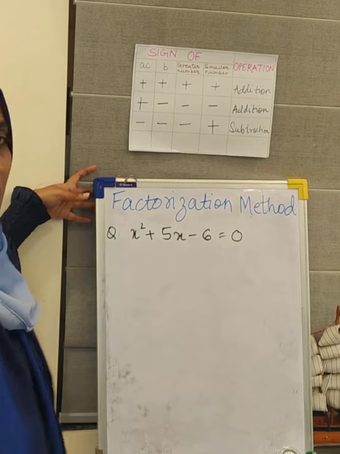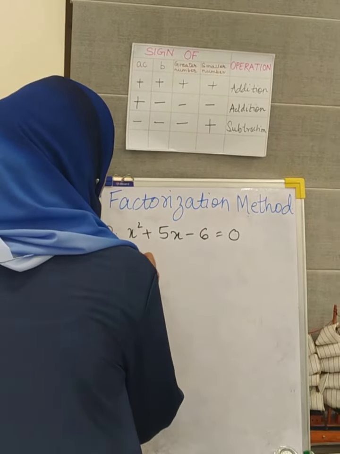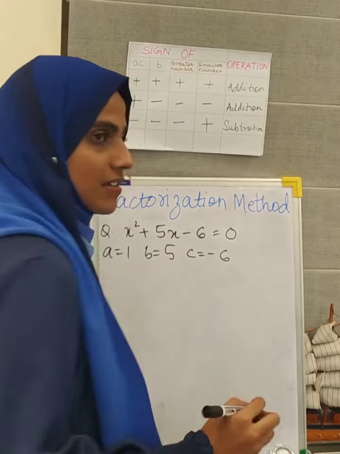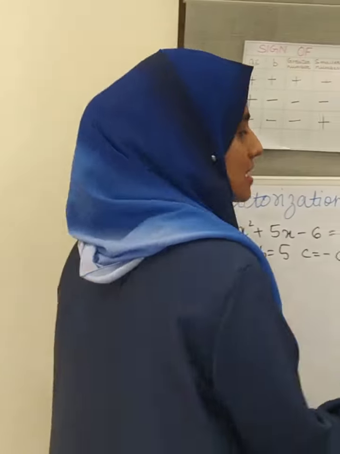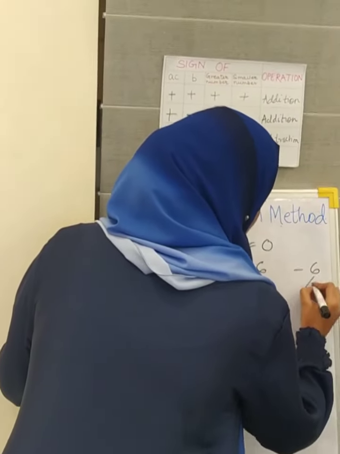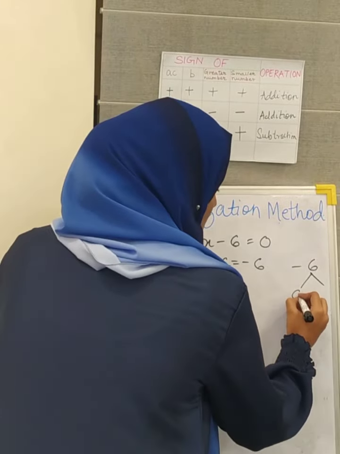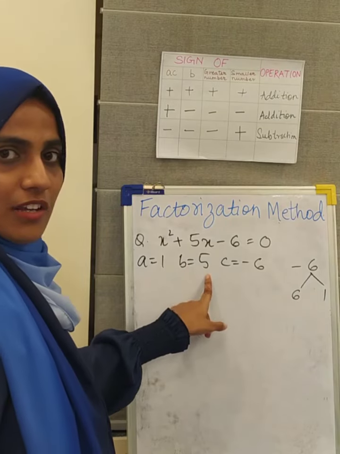In this sum, now you all must be familiar. First we will compare: a is equal to 1, b is equal to 5 and c is equal to minus 6. We have to find the product of a and c. So 1 multiplied by minus 6 is minus 6. The factors of minus 6 are 6 and 1. We want b as plus 5.